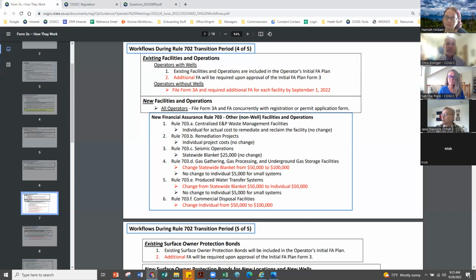And that is Rule 703, lowercase f, commercial disposal facilities. And actually, the page that's up there right now, the very last one, shows that the financial assurance for commercial disposal facilities increased from an individual $50,000 to $100,000. I hope that answers that question.